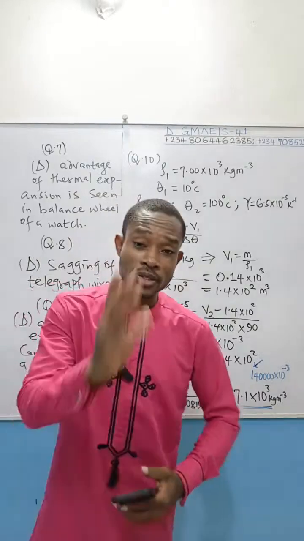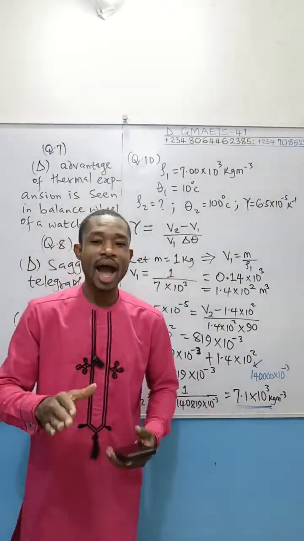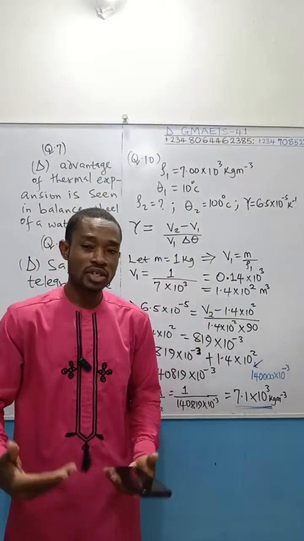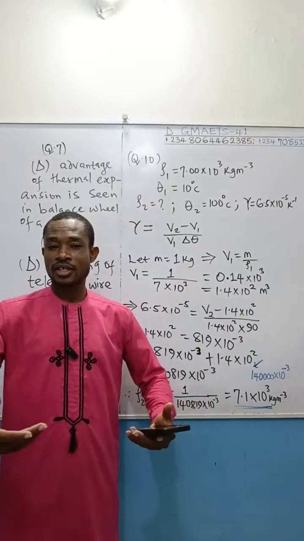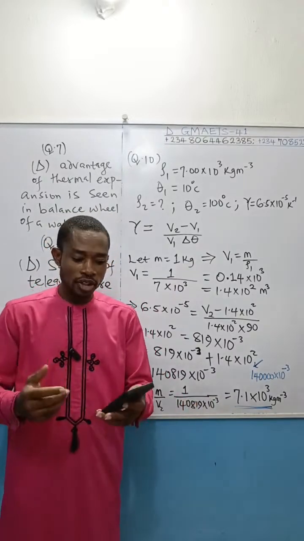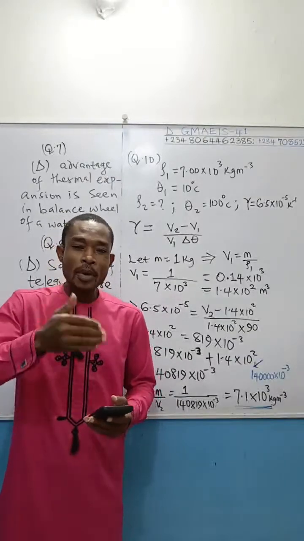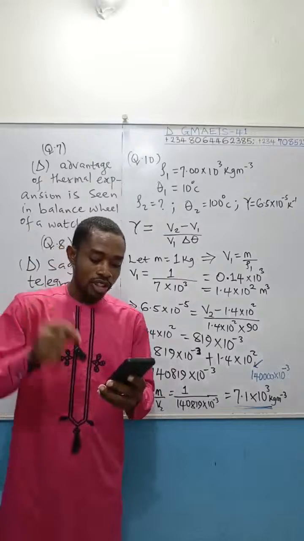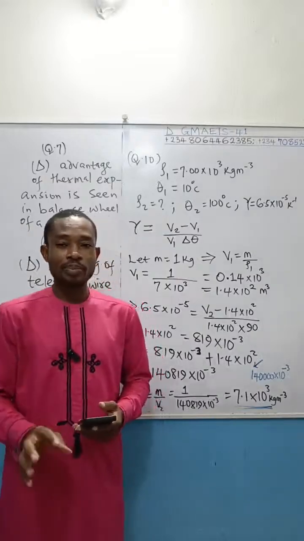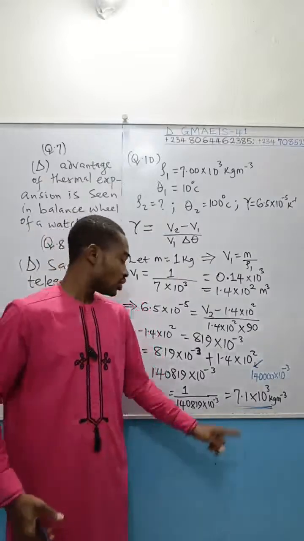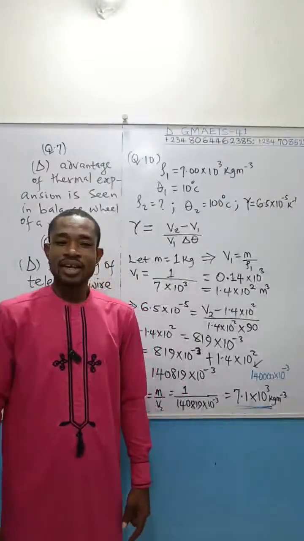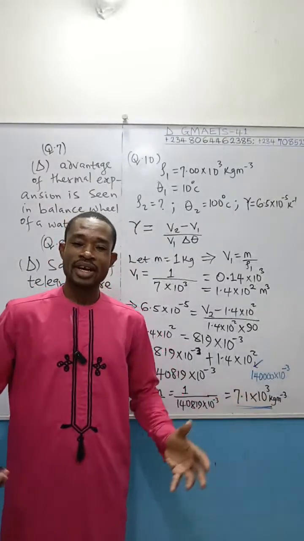Now, you see this option C and D. These two guys can pose a threat to a student, say you're seated in an examination hall. You see these two options, they are approximately equal. Option C, 7.08. Option D, 7.00. Both of them is times 10 raised to the power 3, just like we have here. So which of them is the correct answer?